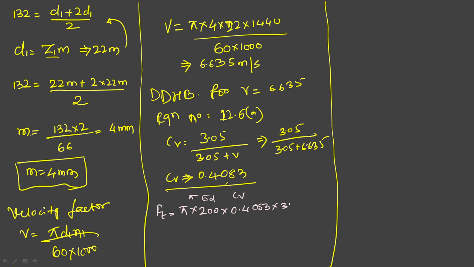B is 32 mm here. Y, you note down how much you got for gear. For pinion it is Y equal to 0.1125, and m is 4 here. Now you find out FT.